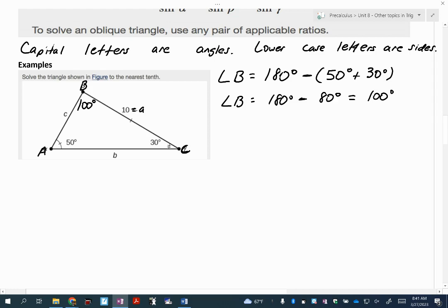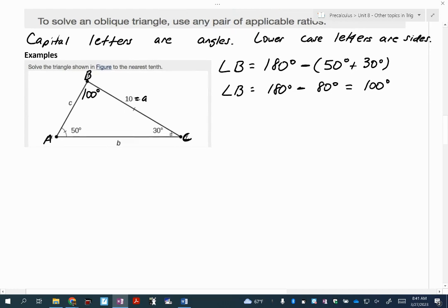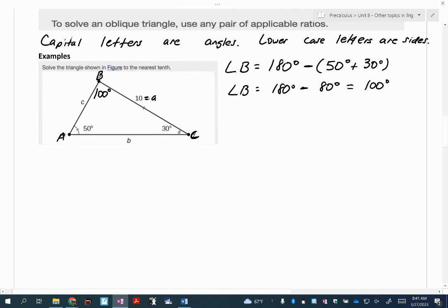Okay? Now, after this, it's your choice on how you want to find those missing side lengths. You'll notice the only side length you do have is side length a. So I'm going to be using sine of A over a for sure to set up one of my pieces of my proportion. And then I'm just going to go ahead and solve for the angle that I did know, which was C. So I'm going to find this side length c next.